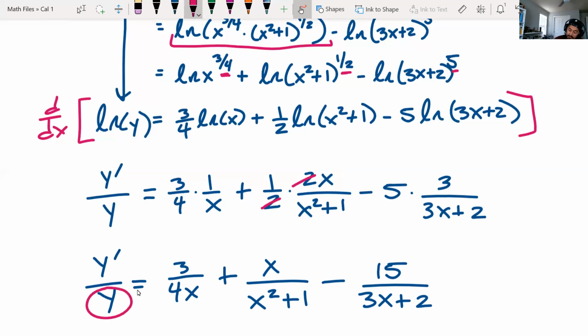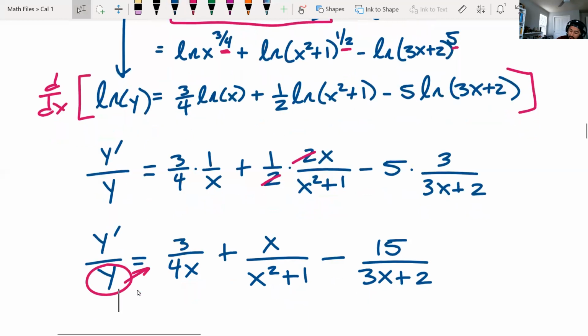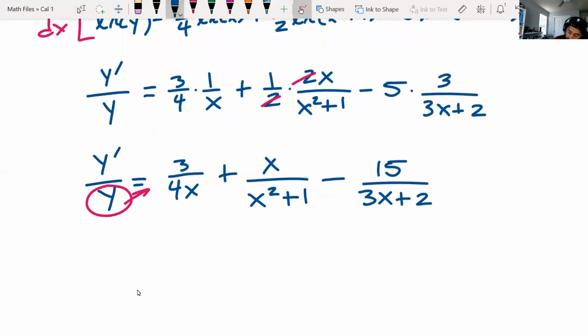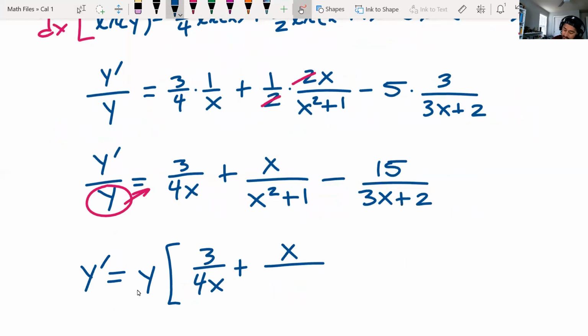So all I'm going to do is take this y and multiply it to the right. And y prime is going to equal y times all of this: 3 over 4x plus x over x squared plus 1 minus 15 over 3x plus 2.